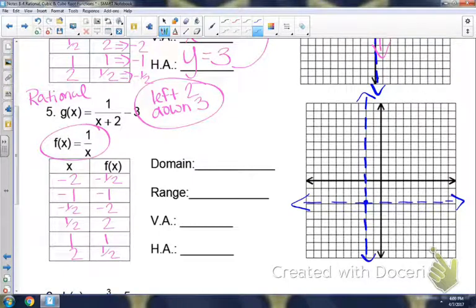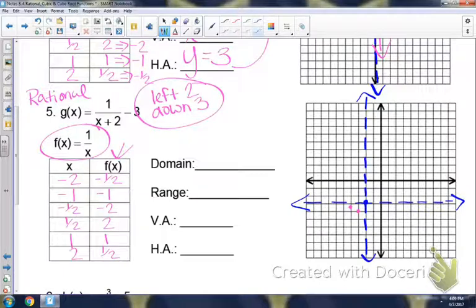So once you have shifted that, now you're just plotting your points from your parent function. So looking at this table here. So from that point that we found that we shifted, you're going left 2 and then down 1/2. Left 1, down 1.